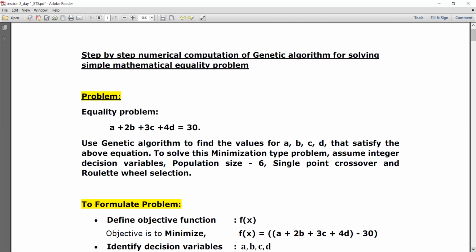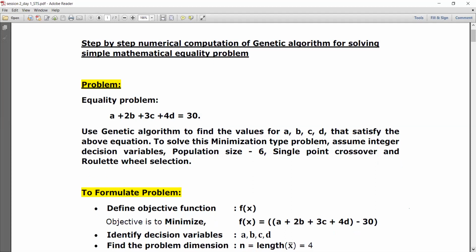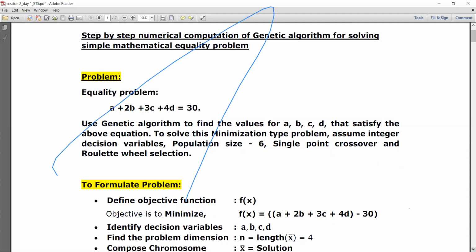That is a basic difference we have to know between a conventional traditional technique and a bio-inspired evolutionary algorithm. If you are going for an evolutionary algorithm, we will start with the solution randomly. But at the end, we will get the optimal solution, say near optimal solution, because it is a probabilistic technique. Done.